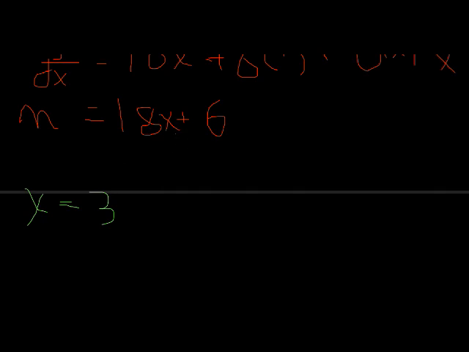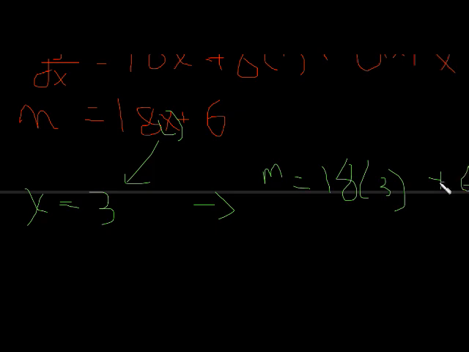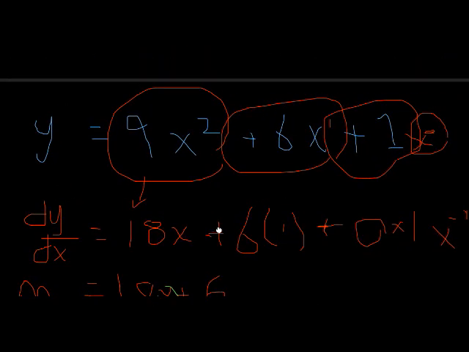So simply what you'll do is replace this x with 3, so the gradient is equal to 18 times 3 plus 6, which is equal to 54 plus 6, which is equal to 60. So the gradient is 60 at point x is equal to 3 for the graph 9x squared plus 6x plus 1.